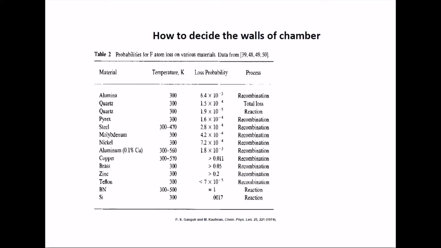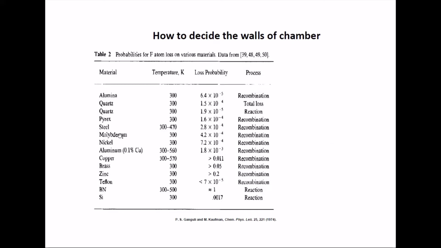Now, one of the questions that will come to your mind, if you are etching using RIE every day, is what the chamber is made of. How come the chamber is not being eaten up? The chamber is being eaten up, although it is very, very slow. So you should know, when you are using, let's say, fluorine chemistry, how much it will affect your walls.